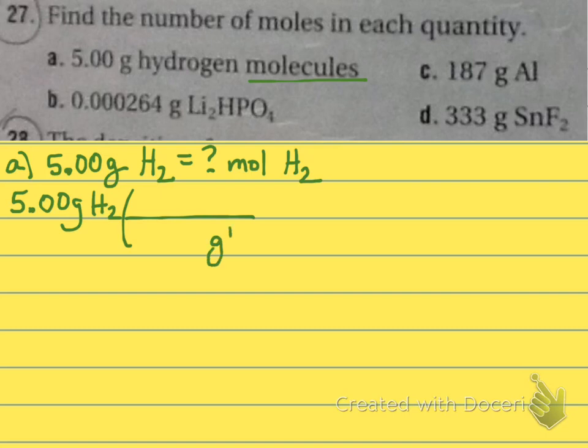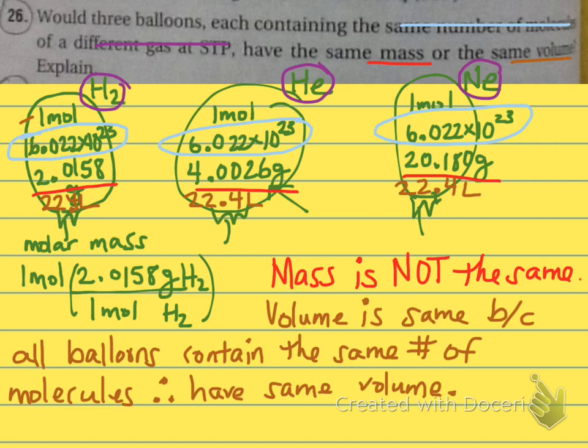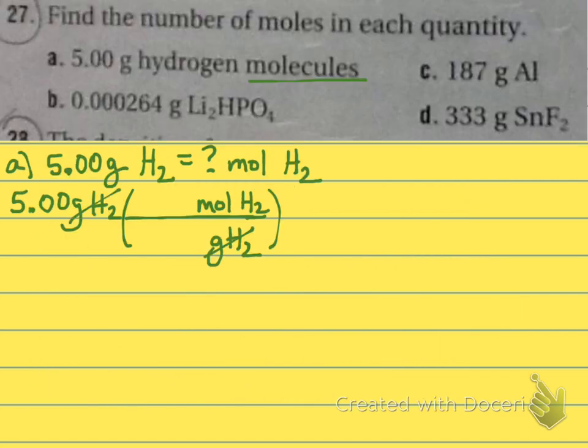Grams of hydrogen have to go on the bottom. Moles of hydrogen go on the top. We actually just did this, right? That was 2.0158. So 1 mole is 2.0158, from adding up 2 hydrogens.